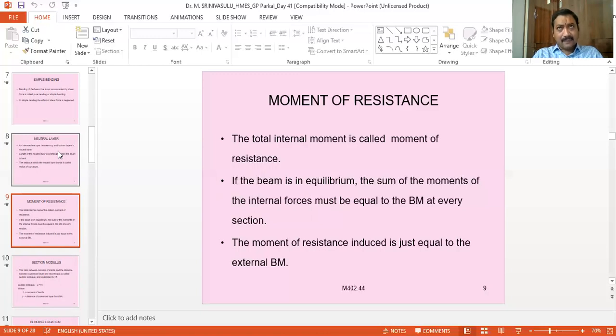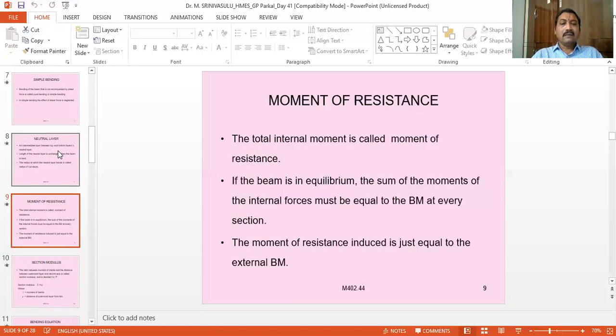And generally the moment of resistance of a beam is equal to the bending moment of that beam at any point in the plane of the beam. So the moment of resistance is also equal to the bending moment.